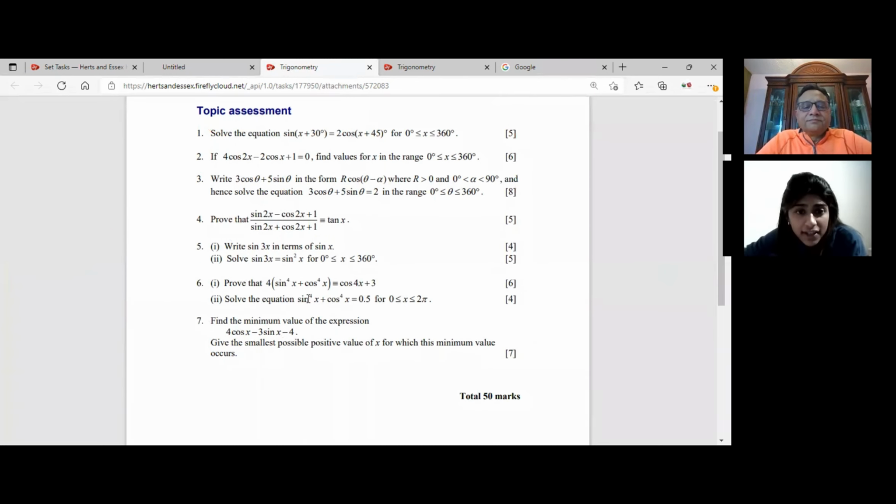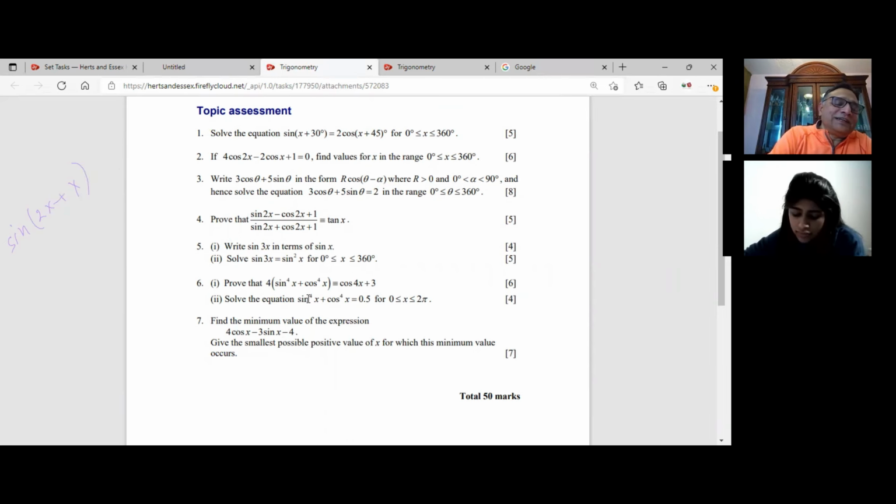So question 5: write sin 3x in terms of sin x. Correct. And part 2: solve sin 3x equals sin squared x, where x is between 0 and 360. So that's easy, right? Sin 3x is what? Actually, sin 3x, so write 2x plus x.